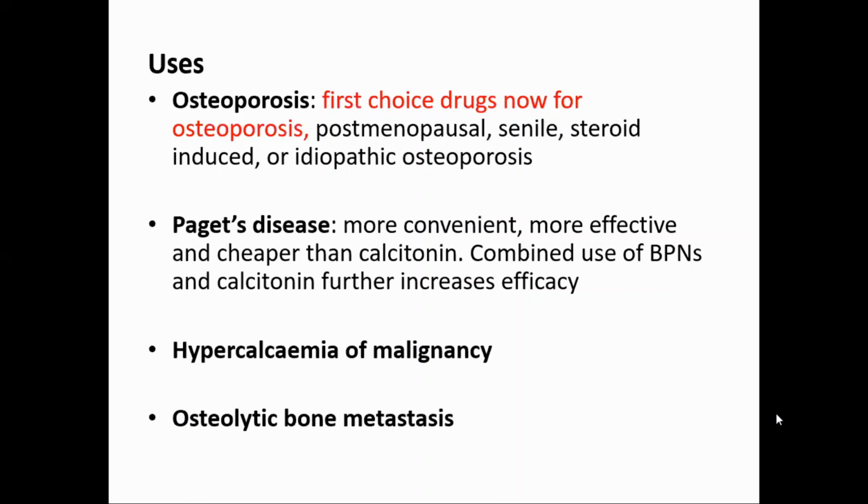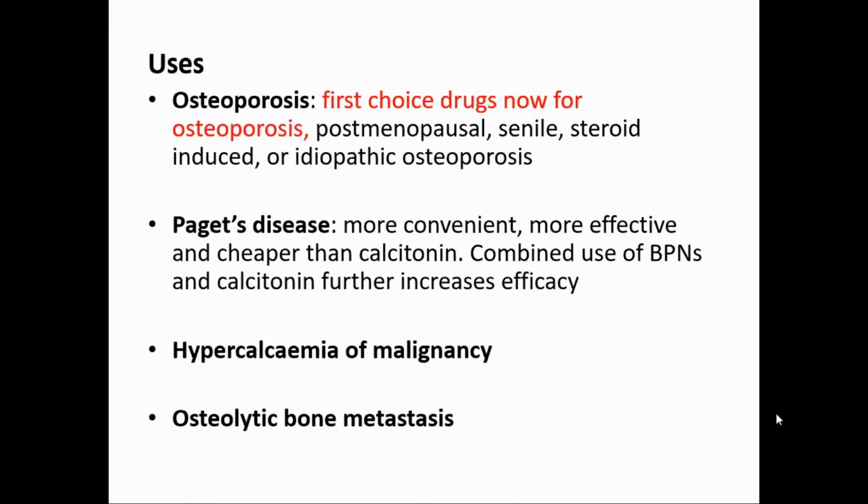Paget's disease is characterized by excessive bone resorption followed by bone deposition as well, but this gives the bone a structurally disorganized structure, which is weaker, less compact, and more susceptible to fracture. However, these bisphosphonates have a slow onset of action, and calcitonin has a very rapid onset of action.